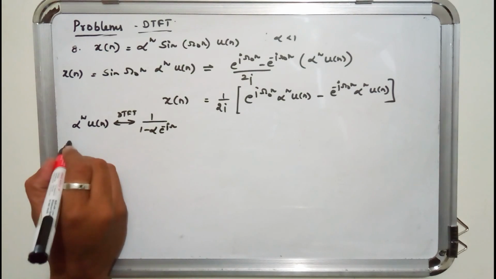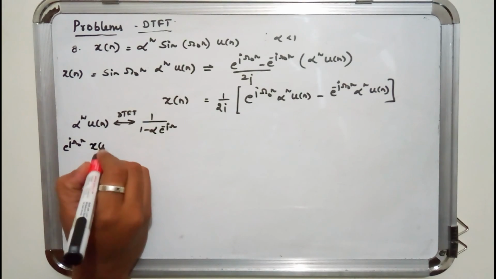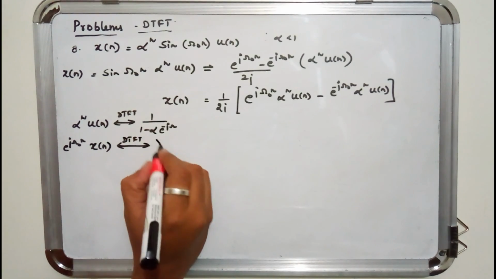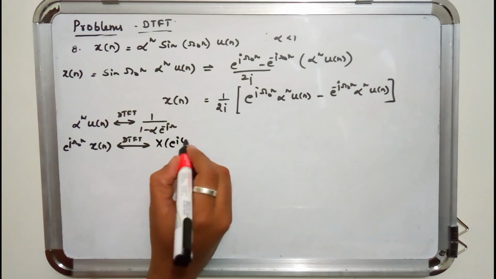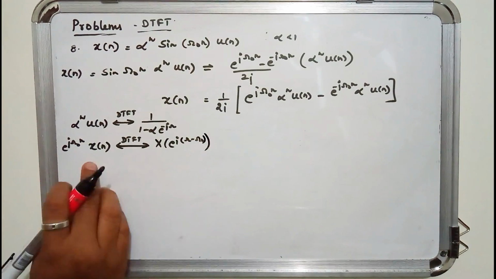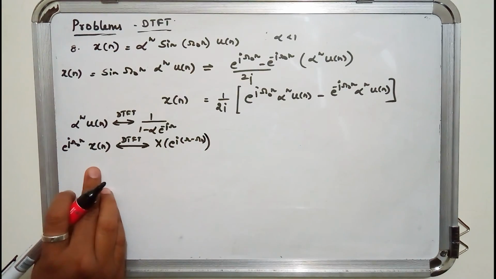It is e power j omega naught n into x of n. The DTFT is x of e power j into omega minus omega naught. So if you have any doubt regarding this, please have a look into my video of properties of DTFT.